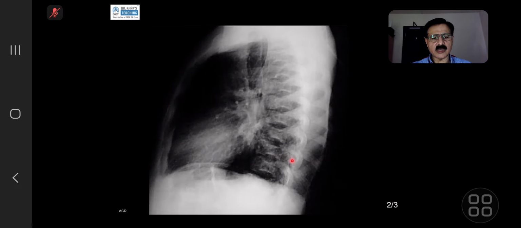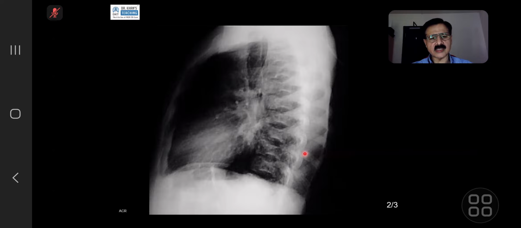On a lateral, it becomes much easier, and you can see this depression here and here. Classical viva question: why does the central portion depress and these ones do not, giving you the H-shaped vertebra?